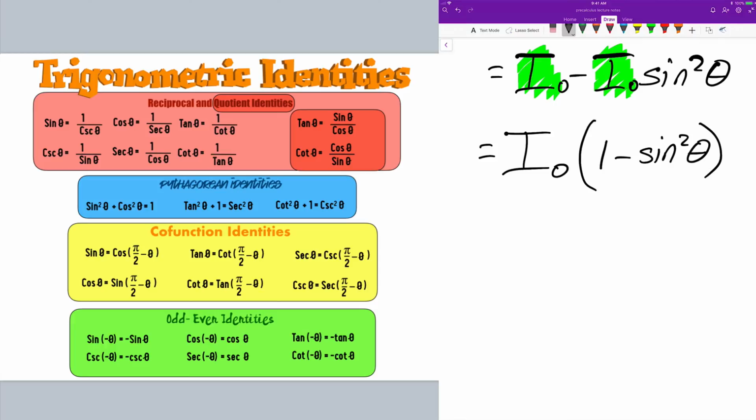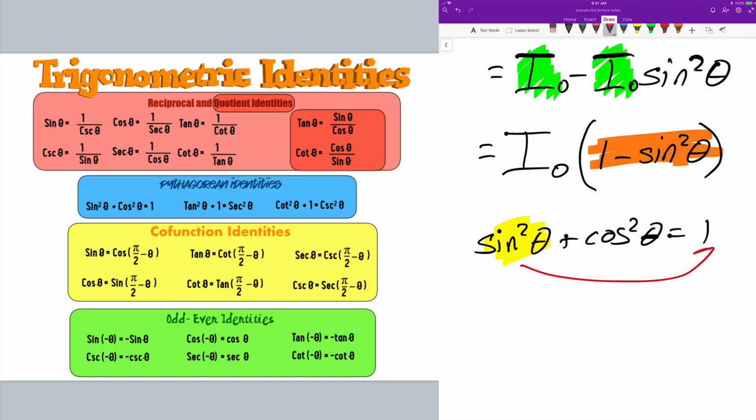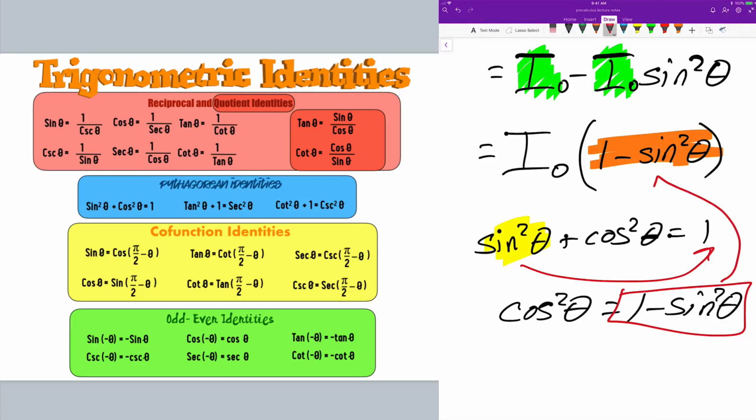I'm not quite done simplifying this, because this also simplifies. If I look at one of my Pythagorean identities, I see sine squared theta plus cosine squared theta equals 1. I can alter this by moving sine squared theta to the other side, giving me cosine squared theta equals 1 minus sine squared theta, which is the same term I have here.